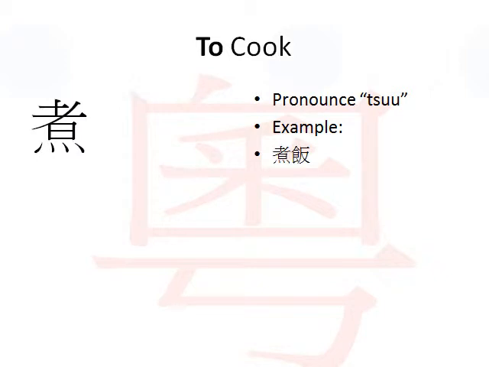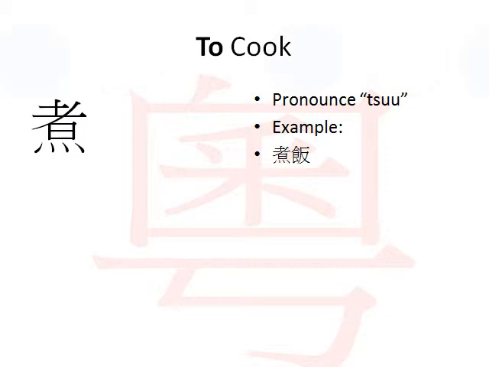To cook. To cook in Cantonese is pronounced 煮. I would say the English representation of this would be TSUU.